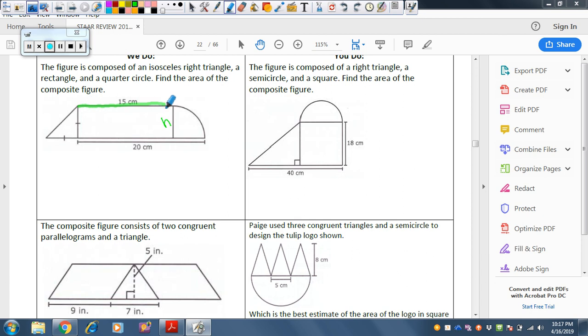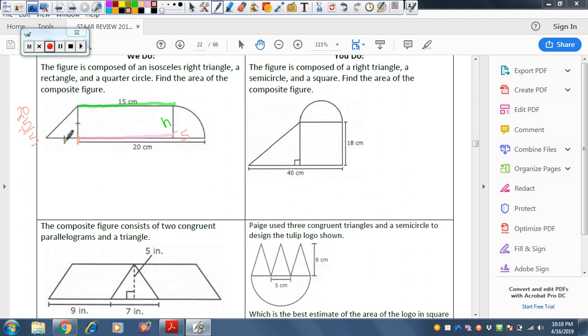From here to here is 15. From here to here is 20. So the radius is right here. From here to here is 15. What must it be from here to here? It has to add up to 20. Yeah, it's going to add up to 5.